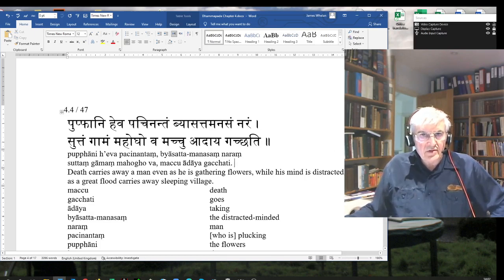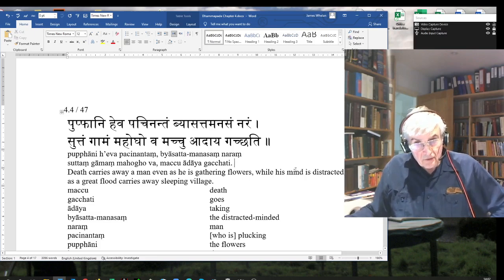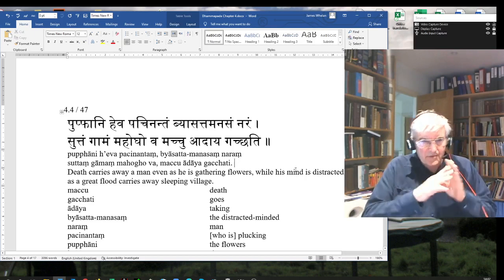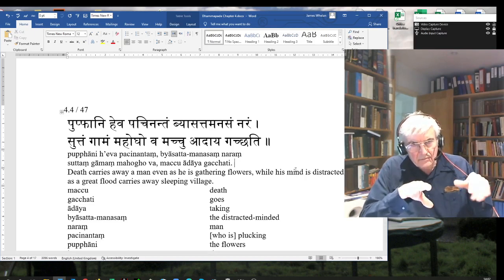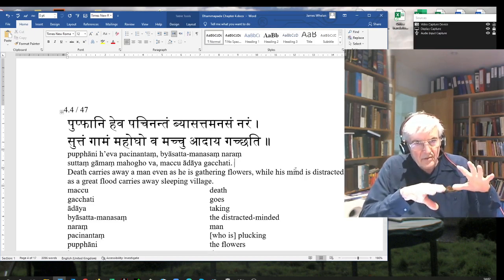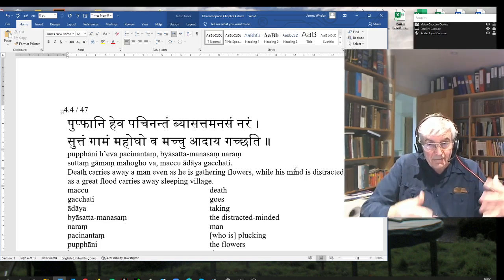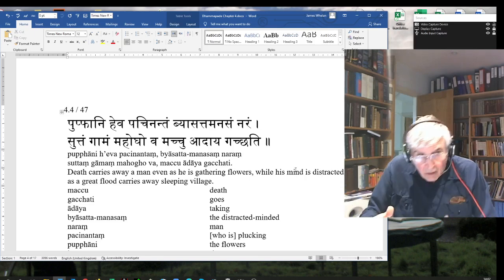It looks as if it means death, Machu Adaya, having taken, goes. It doesn't mean that. Adaya here describes a concurrent activity. So death goes taking people. He's taking people. Death is taking people as it goes along.